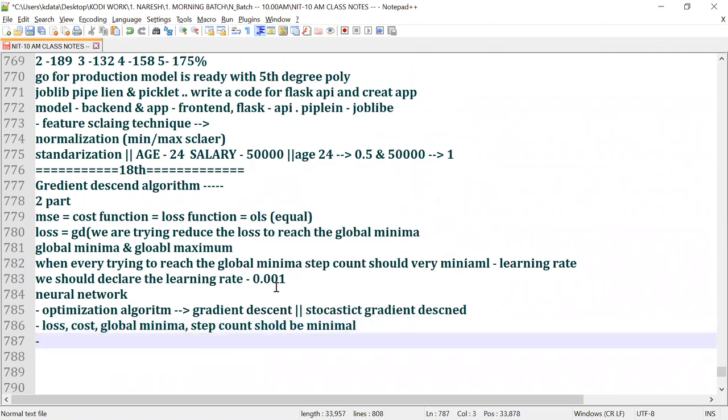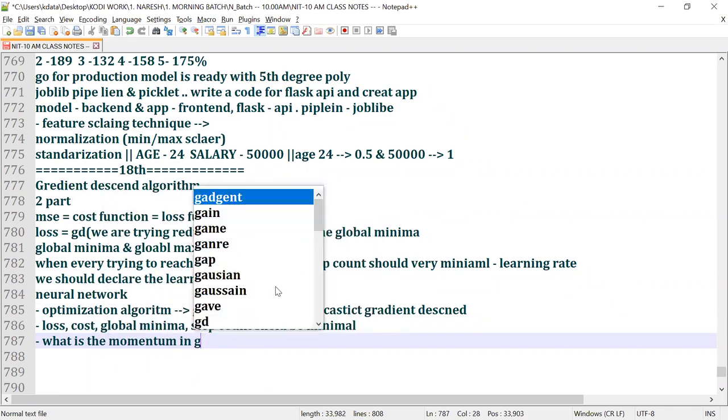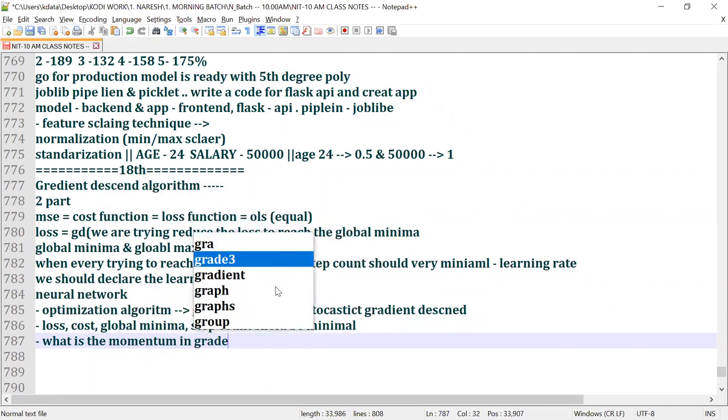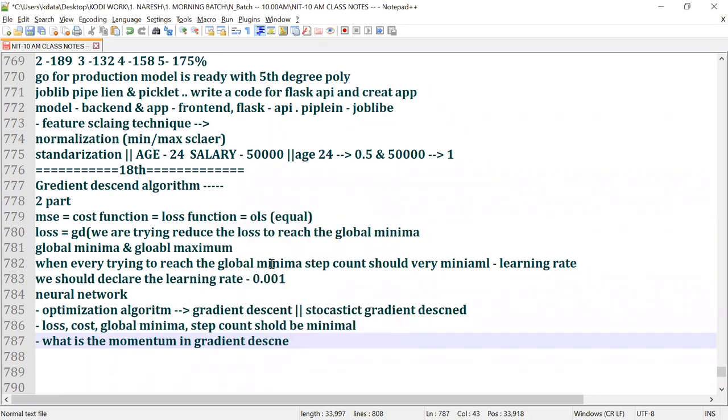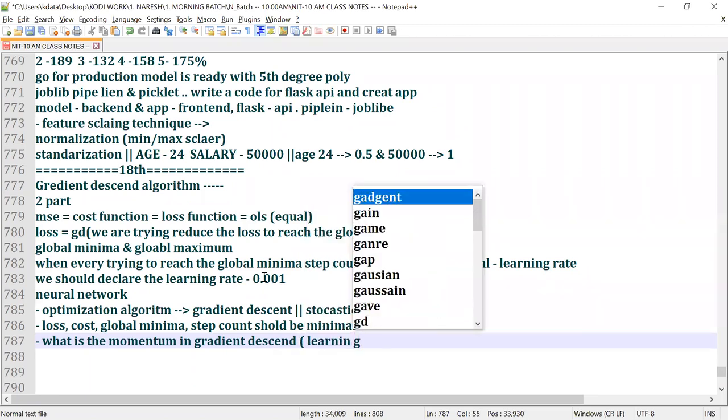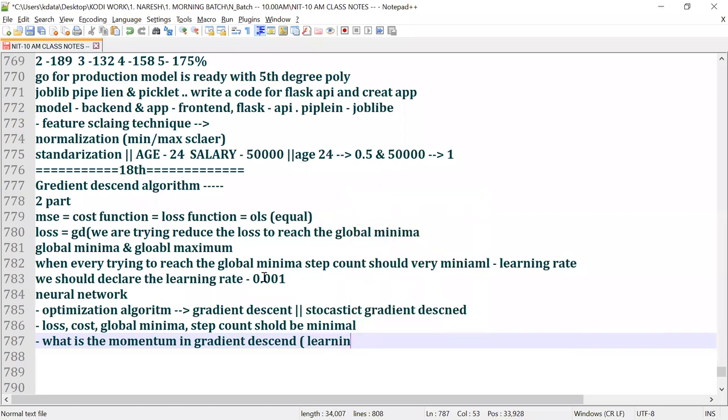If I ask you another question, what is the momentum in gradient descent? What answer will you give, guys? Learning rate only. In technical interviews, they will tweak the questions like this.